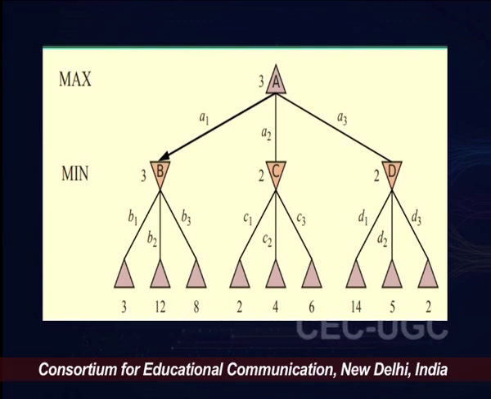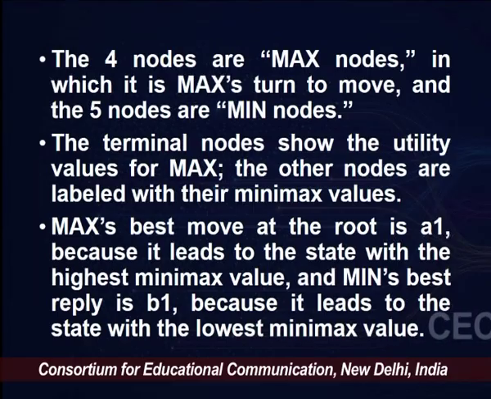So, basically starting from the bottom we will go to the top, looking into whether we are looking for the minimum or the maximum value at that particular level. The upward triangle nodes are max nodes, in which it is max's turn to move, and the downward triangle nodes are the min nodes.